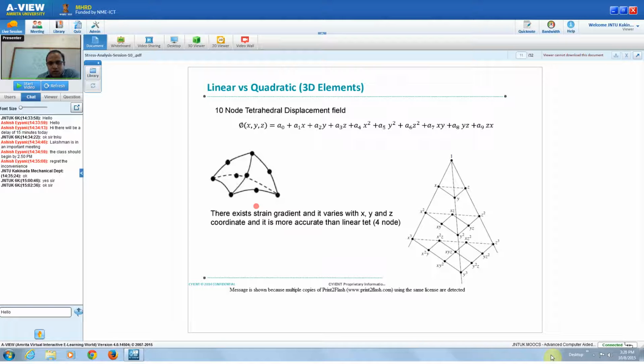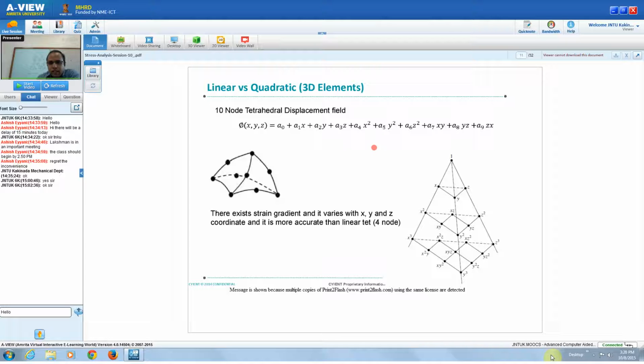Now coming to quadratic tets, or tets with mid-side nodes. It should have 10 factors. So this is the big equation here. Here the top 4 will come, and then we have 6 more factors. All the top 10 factors will be taken for the tetrahedral displacement field.